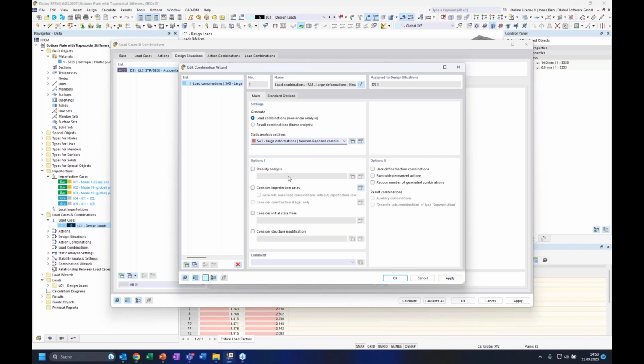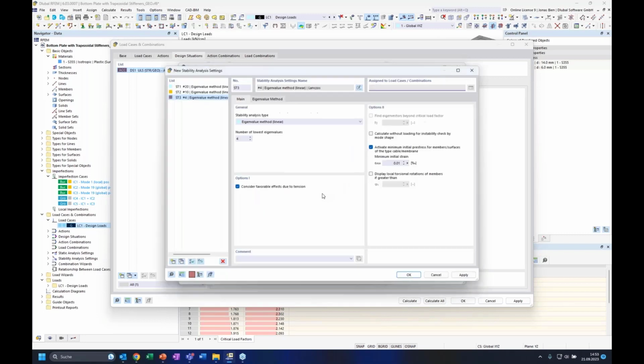And then in order to get this characteristic of a load bearing test, which we want to do virtually, I also consider the incremental analysis, a stability analysis. So I just add this new type here that Andreas already introduced you to.